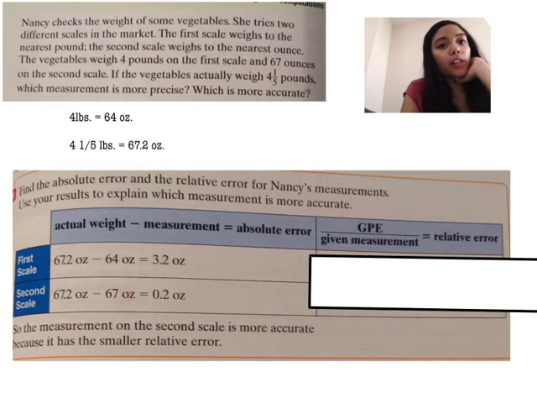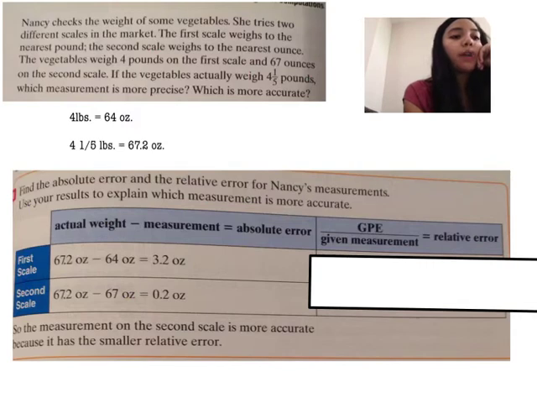Okay, so if you plug the numbers in correctly, you should have got for the first scale, your actual weight is 67.2 ounces, 67 2/10 ounces, and that's for both of them, minus the measurement you did, which is 64 ounces, 4 pounds, and then it equals 3 2/10 ounces.